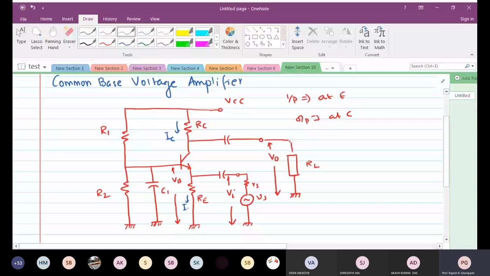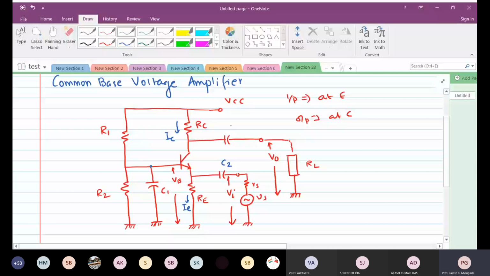Excellent. What we are doing is we are having the base at the AC ground. Base is at the AC ground, and that is the reason why this becomes a common base amplifier. So this will be C2, this will be C3.